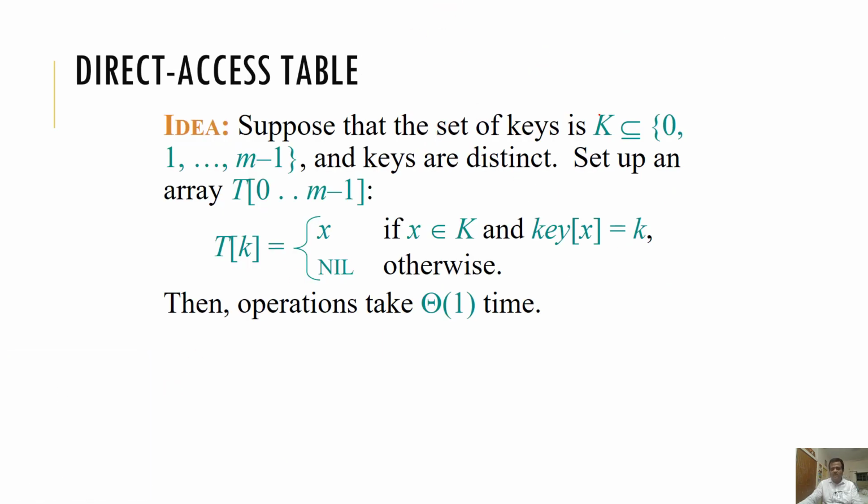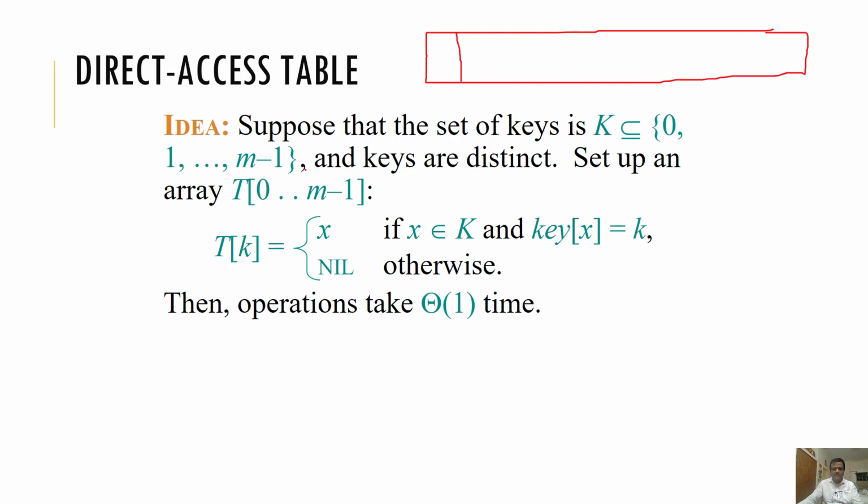So this k is coming from these values. Then we can have an array of that much size, say this array is starting from 0 to m minus 1, if we know the values are in between this.